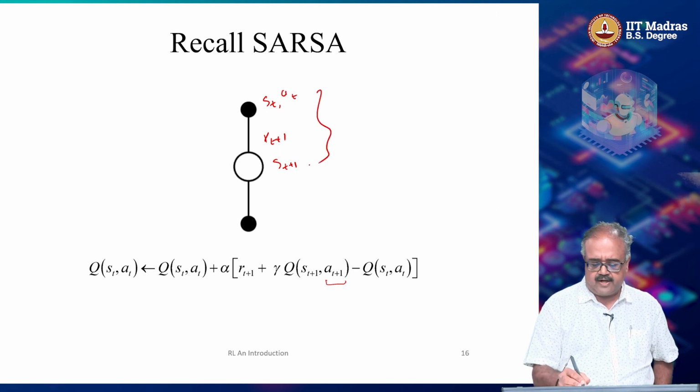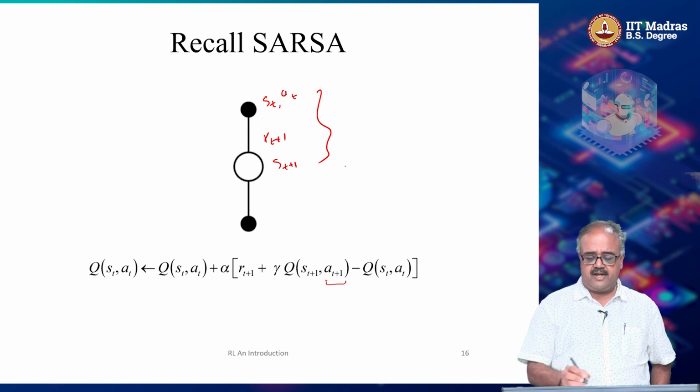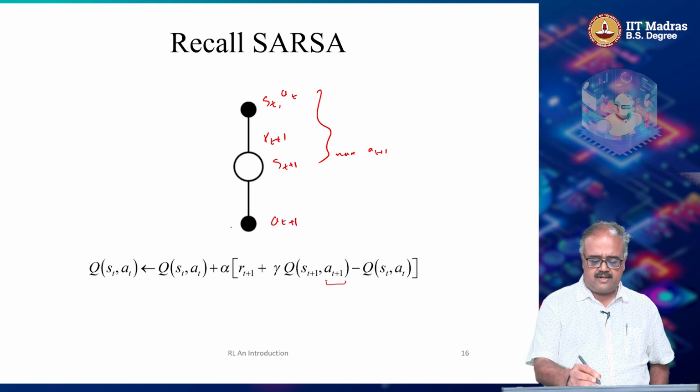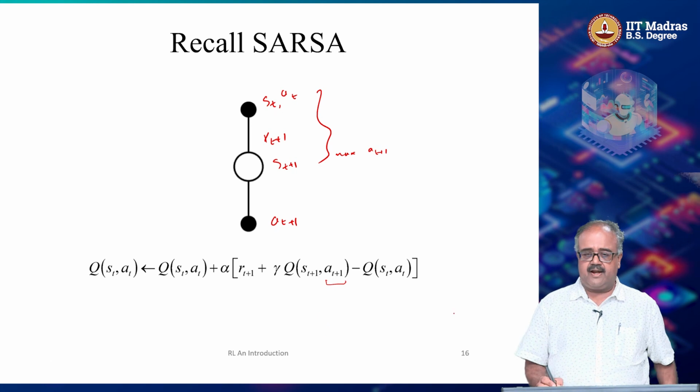Q learning would have just used this and then did a max over A_{t+1}, while SARSA will actually look at A_{t+1} as well and then do the whole update. So that is what we had.